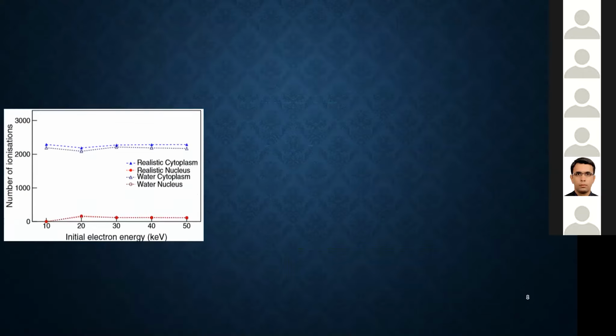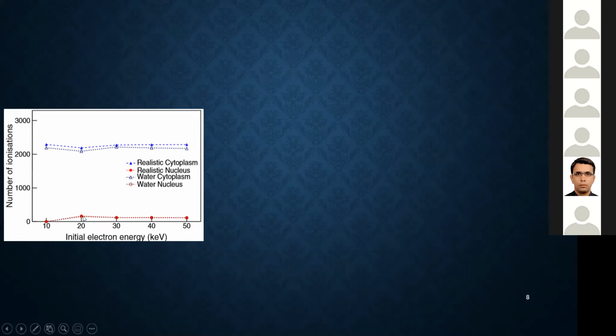So first, considering the chemical composition, you can see here in the results that there is a difference between realistic cytoplasm and water cytoplasm when we evaluate the number of ionizations. So we see that the realistic cytoplasm has more ionizations, while in the nucleus, whether it's a water nucleus or a realistic nucleus, they are the same.